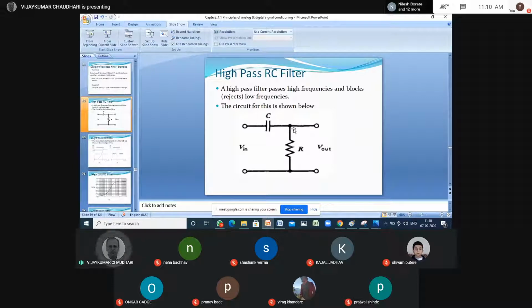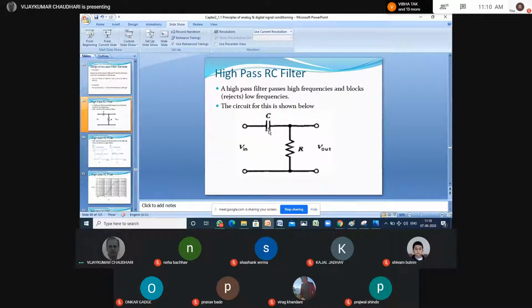We want to pass high frequencies, and how are they passed? For high frequencies, Xc is equal to 1 upon 2 pi fc. f being high, Xc will be very low, and high frequency input signals will be easily passed to the output.